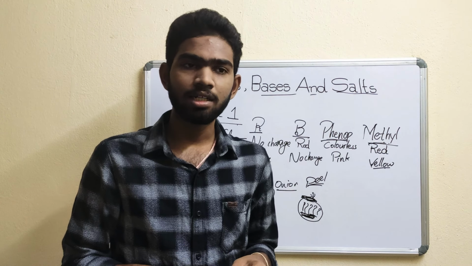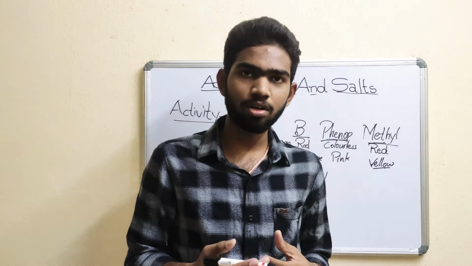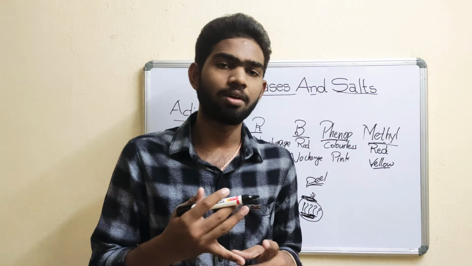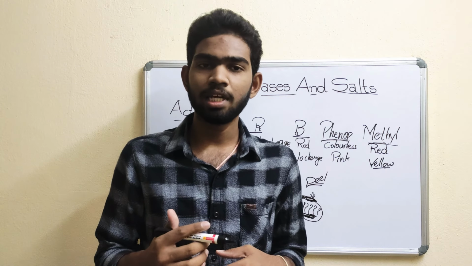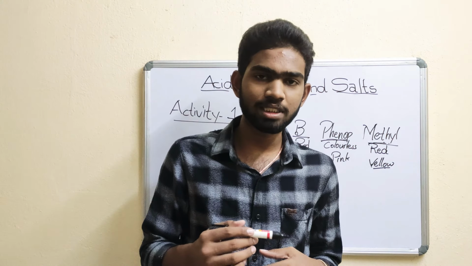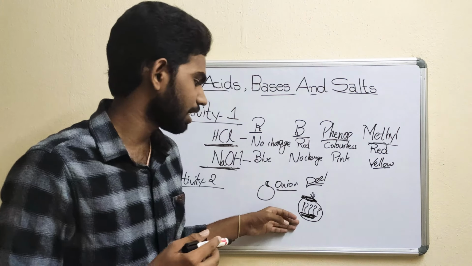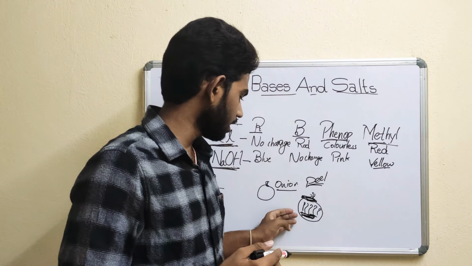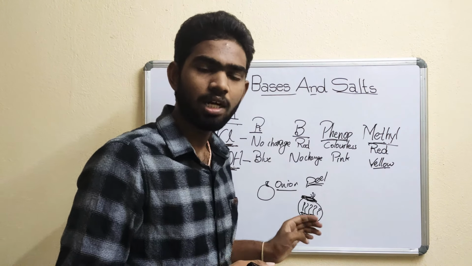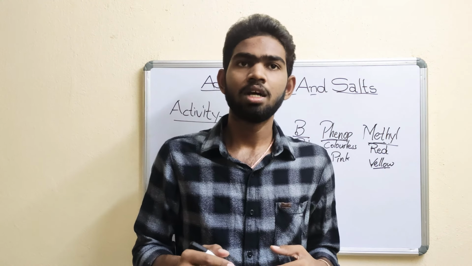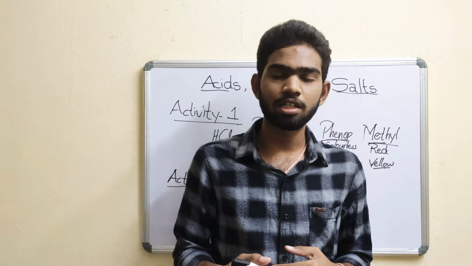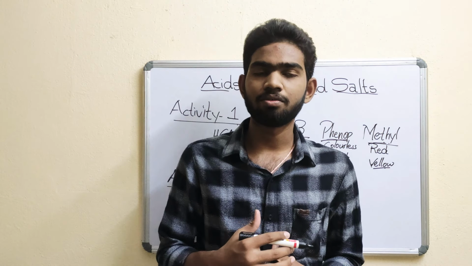We can note what odor comes from the acids, the bases and the neutral solution, and then distinguish acids, bases and salts. This is a homemade indicator, the onion peel indicator. It is an olfactory indicator, meaning it distinguishes acids, bases and salts by smell itself.